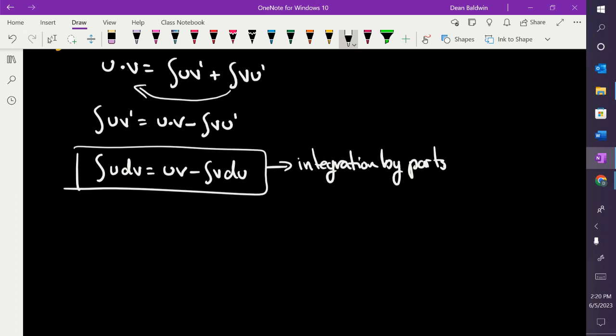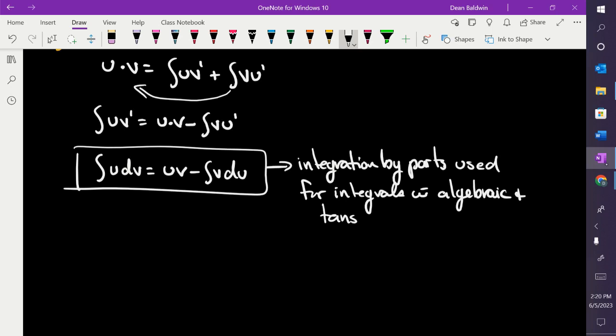It is used for integrals with a combination of algebraic and, this is the key part, transcendental functions.